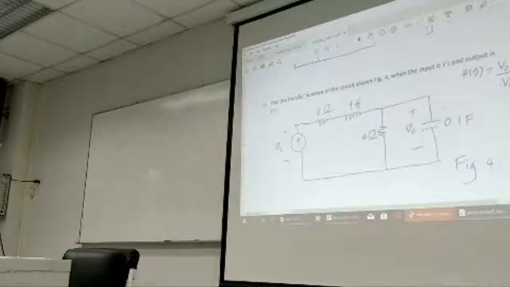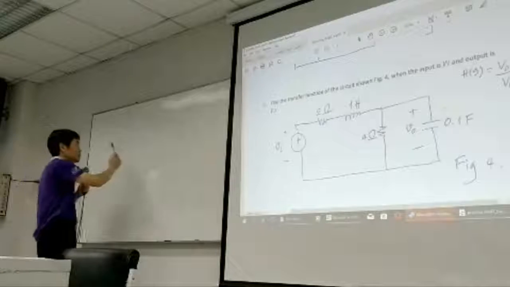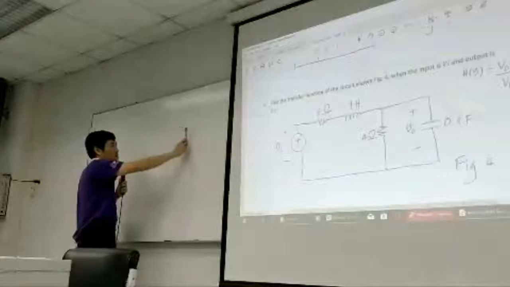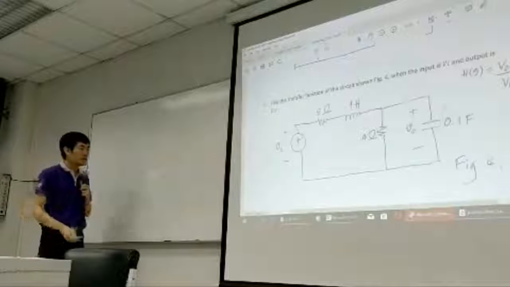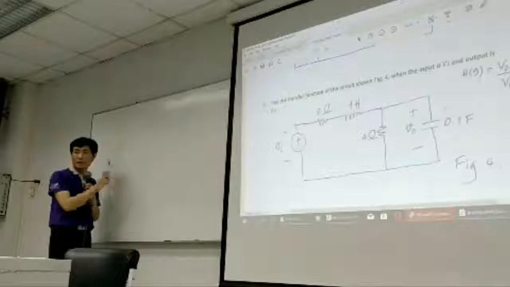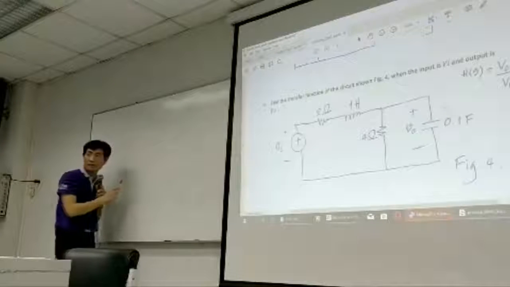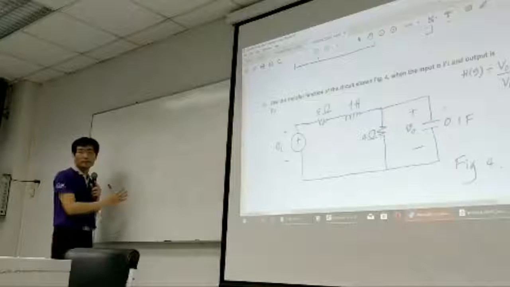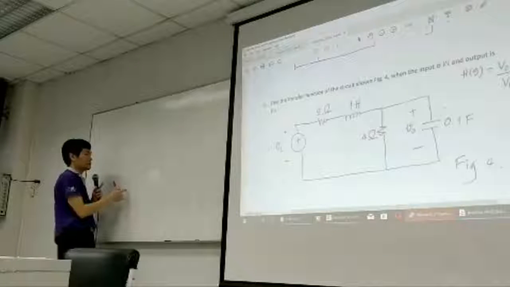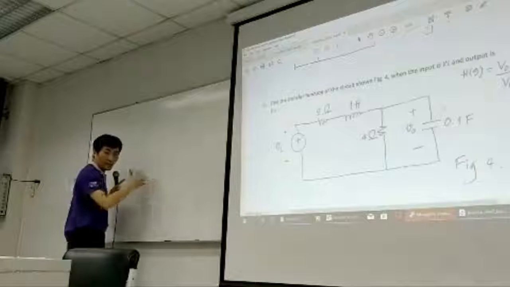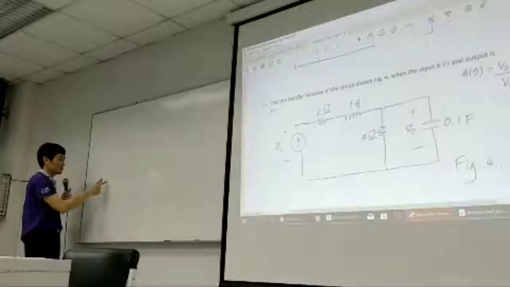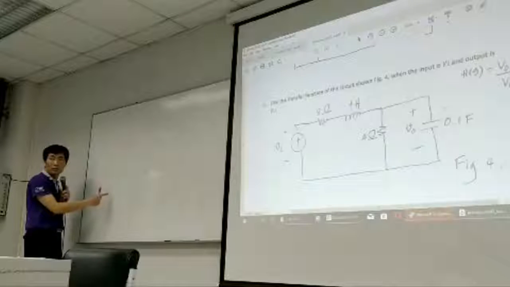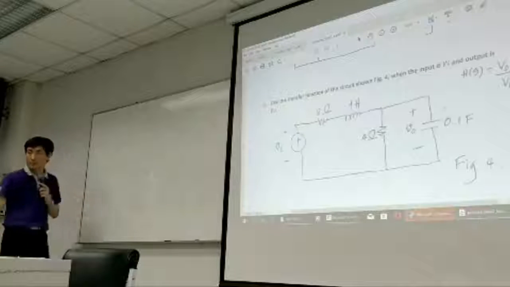So the steps you have to do: transform the circuit into the S domain correctly. And the second step, you have to write the loop or the mesh equations. You need to get the expressions, not to solve for anything, but to have the output and input in the equations, so that you can rearrange them. You get the output divided by the input.